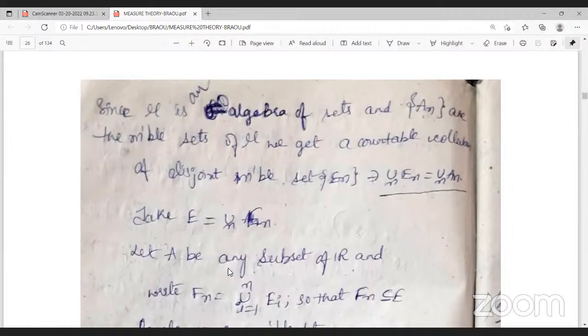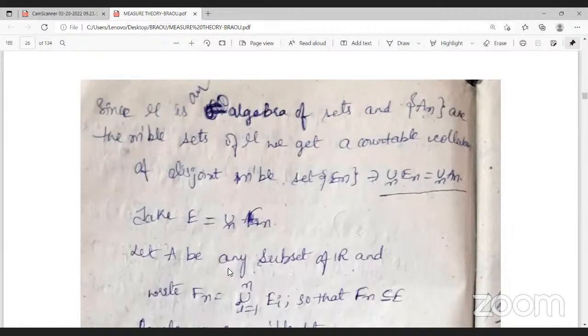So M star of the union of i equal to 1 to n minus 1, what is that? M star of En. Therefore, M star of En plus M star of the union up to n minus 1 equals, we can write, the summation. Hence the theorem.